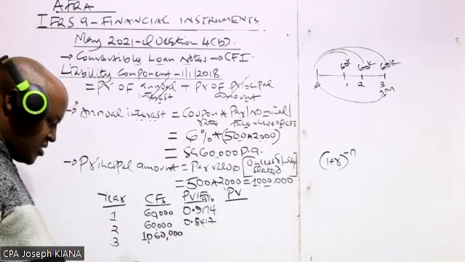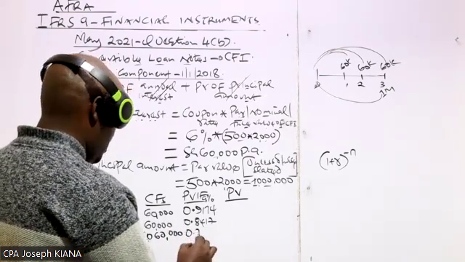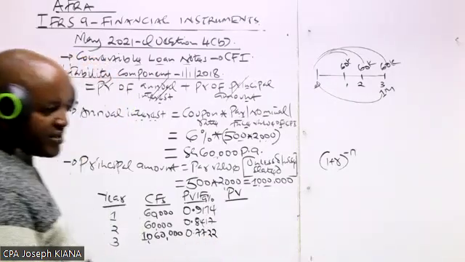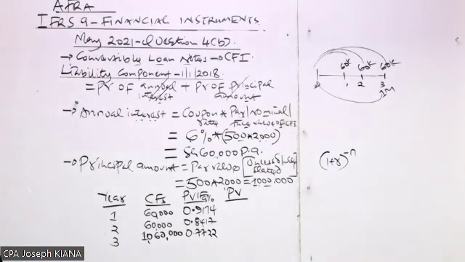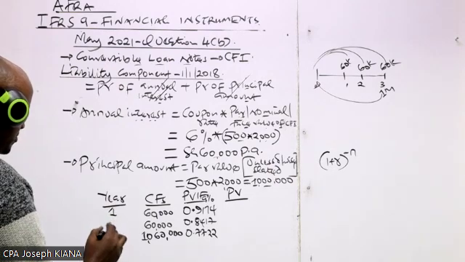And then year 3 will give us 0.7722. I hope those are the figures you are getting.